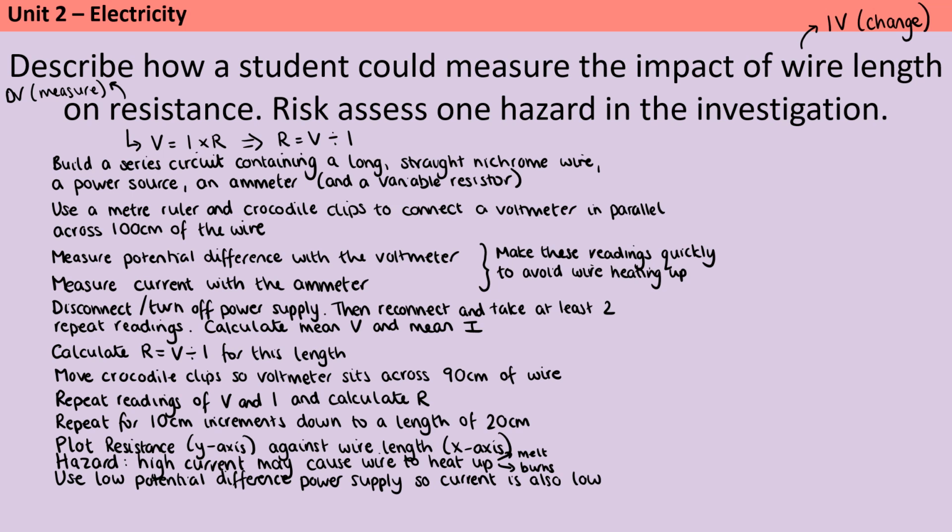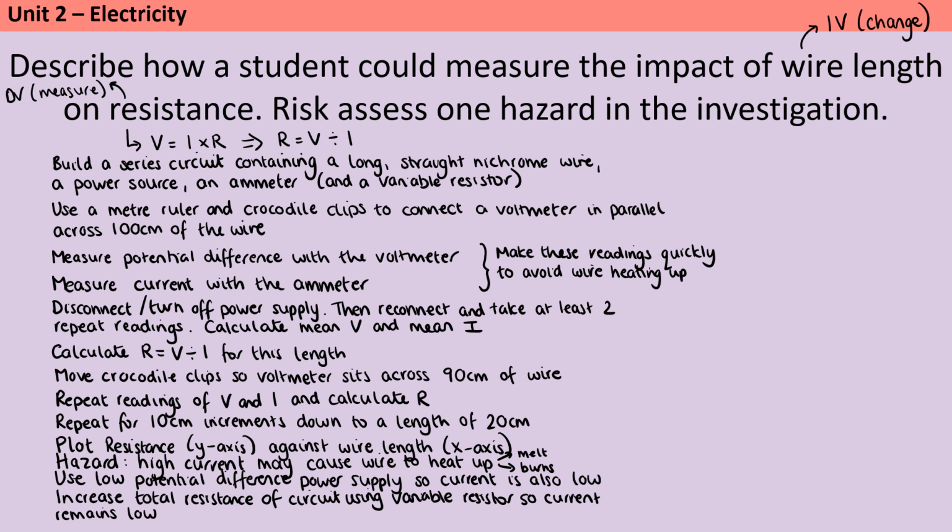So one thing that you could talk about is using a really low potential difference power supply, because if the potential difference is low enough, then the current will be low as well. But you can also talk about using that variable resistor to increase the resistance of the circuit. So basically, what the exam board suggest is that as your wire gets shorter and shorter, and they only include the part of the wire that you're measuring in the circuit, you use the variable resistor to add back the resistance that you're sort of taking away.